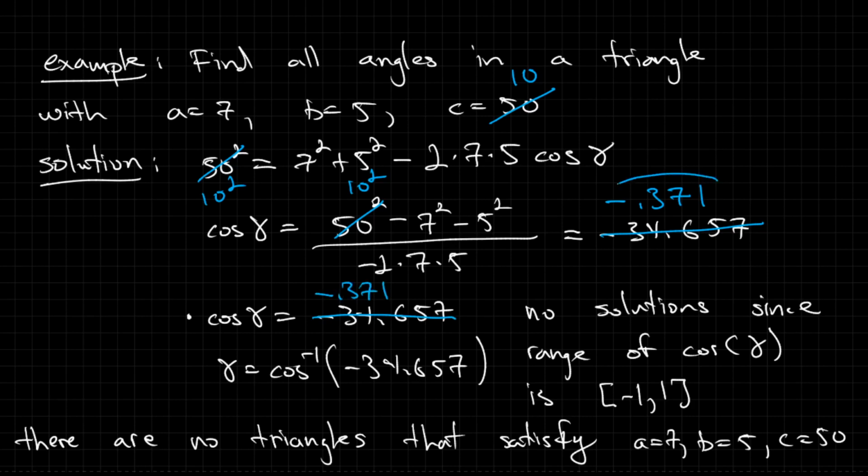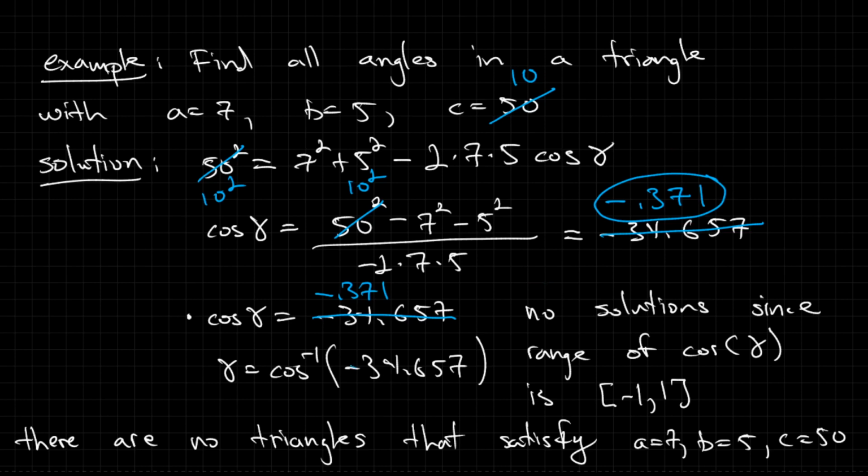And now I should note that if you have a negative on the right-hand side, that is okay in the sense that you can find solutions as long as the number on the right-hand side here that I've circled, -0.371, is not less than -1. So if it was something like negative 1.5, then you're not going to be able to find a solution. But the number on the right-hand side is between -1 and 1.